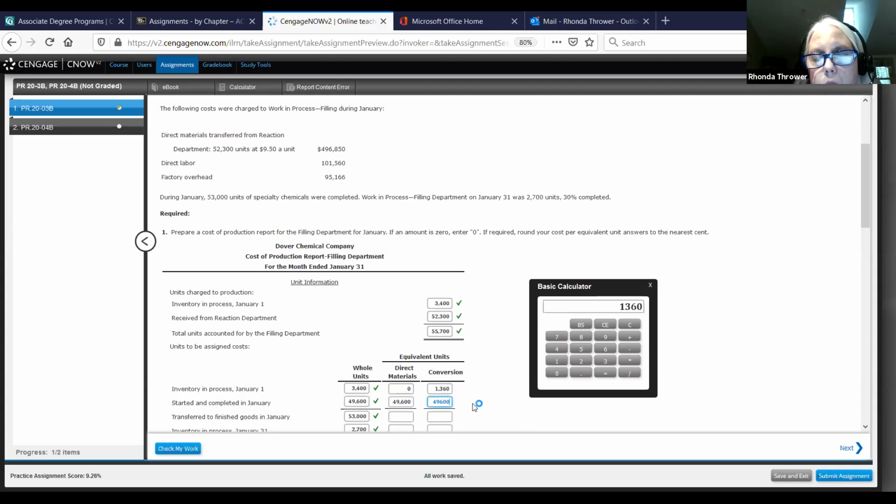I want you to notice that there's a pattern here. Notice your started and completed units, your whole units, are the same for materials and conversion. That's because we completed 100% of these started and completed units. They were 100% complete with respect to materials, and they are 100% complete with respect to conversion.